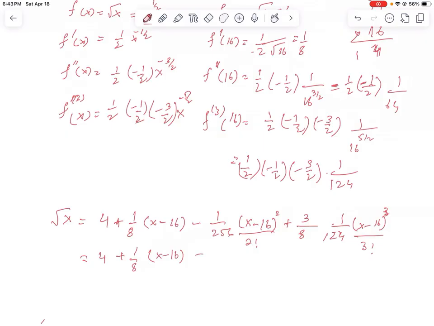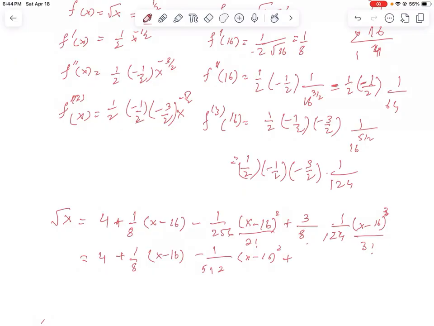Now 2 factorial is just 2, and 256 into 2, so I have 1 over 256 into 2, 512, x minus 16 whole squared, plus, so we have 124 into 8.